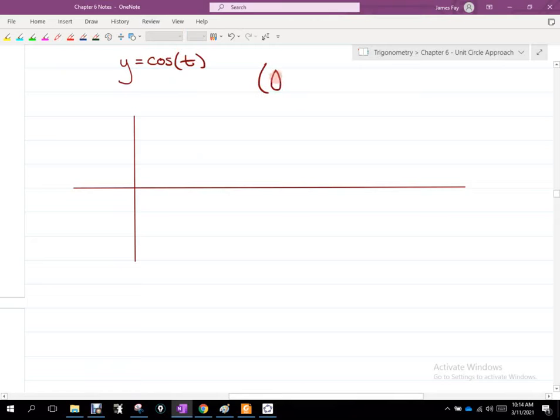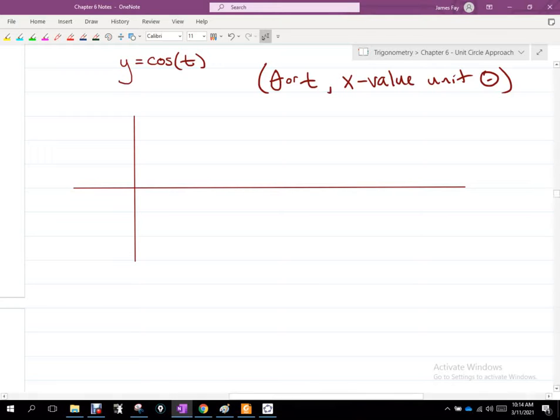But it's going to be theta or t, comma, the x value from the unit circle. But on the trigonometric curve, that x value that came from the unit circle is a y value. Does that make sense? That gets kind of confusing because it's an x value playing the role of a y value.